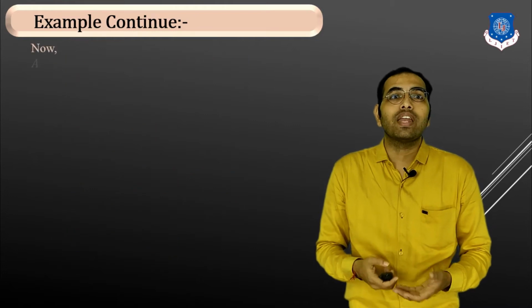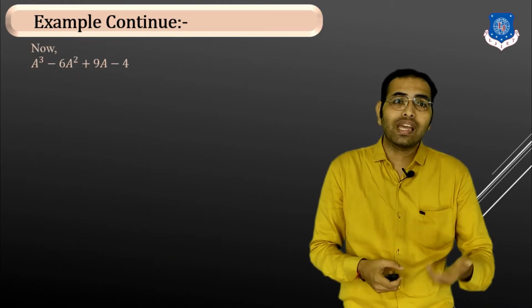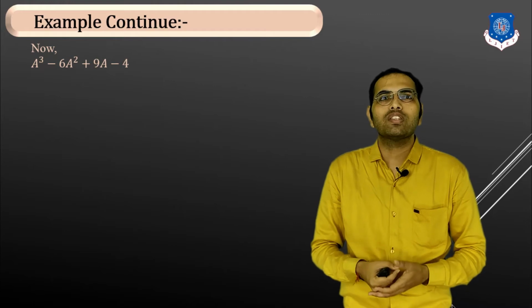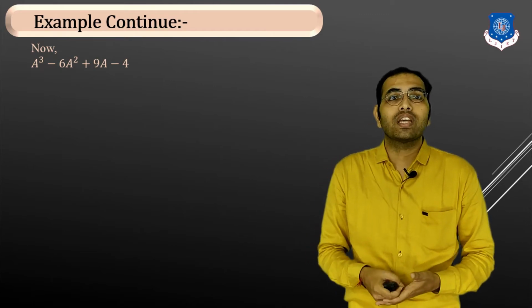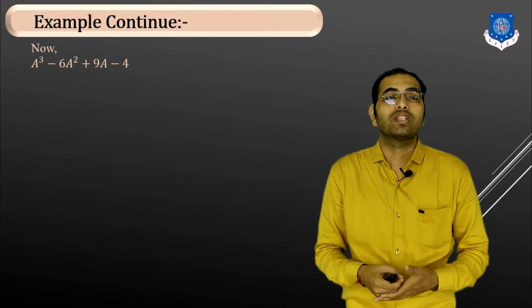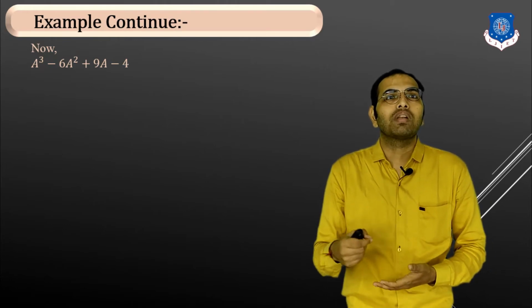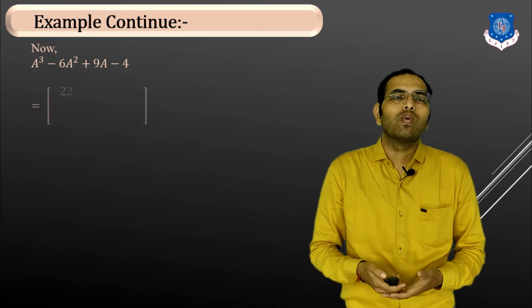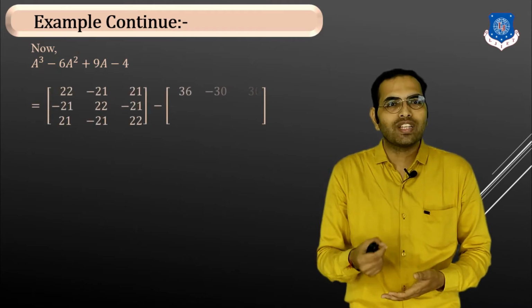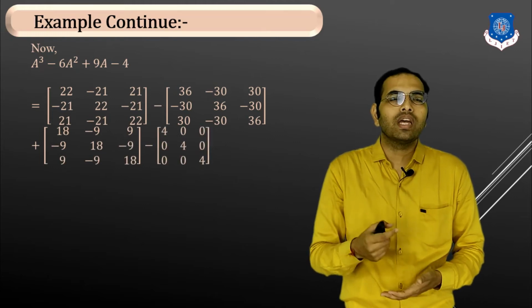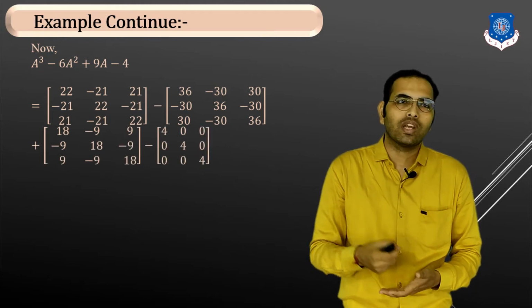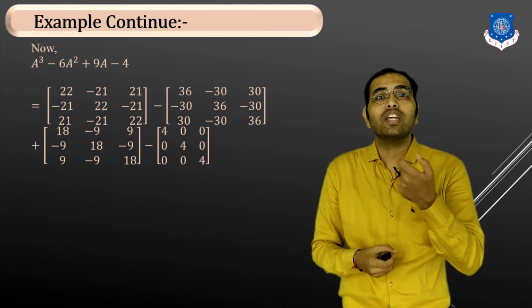Now for the verification of the Cayley-Hamilton theorem, substituting these values of A cube, A square, A in our characteristic equation or Cayley-Hamilton equation, that is A cube minus 6A square plus 9A minus 4I. Now the values of A cube, that is [22 -21 21; -21 22 -21; 21 -21 22], minus 6 into A square.